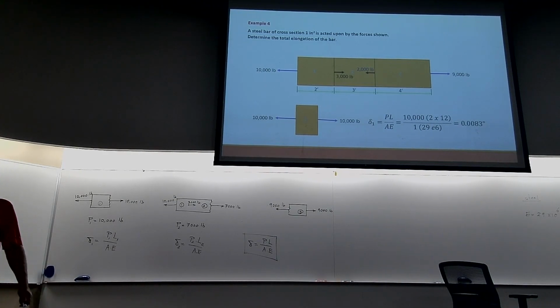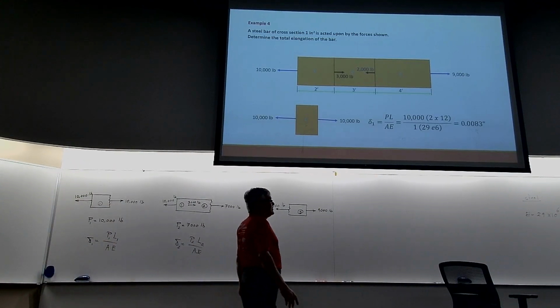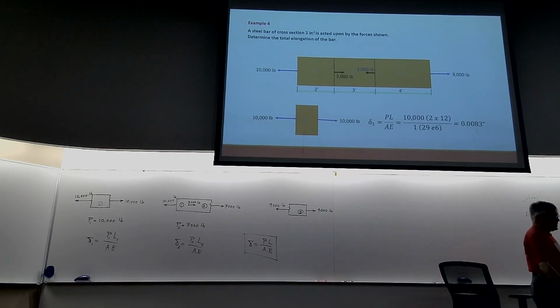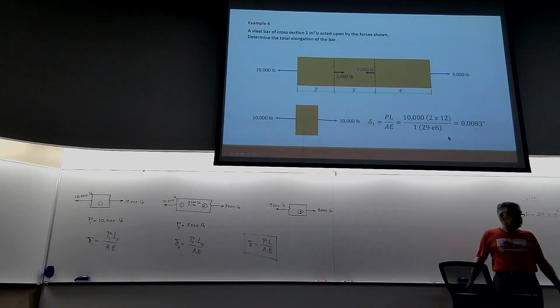L1 is 2 feet, clearly must be multiplied by 12 to get inches. Cross-sectional area was given as 1 square inch, and this is E of steel, 29 million PSI.